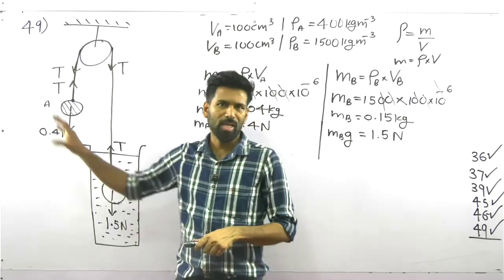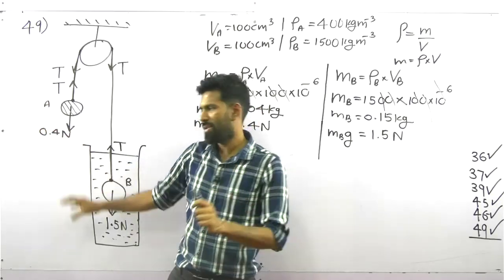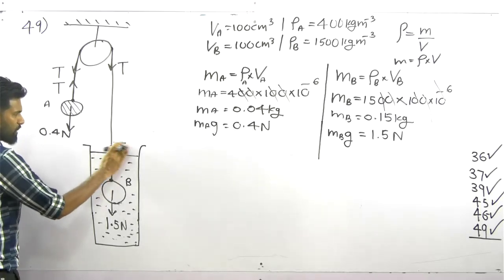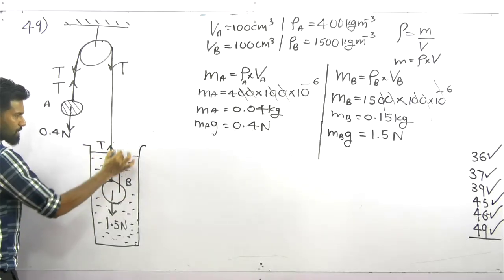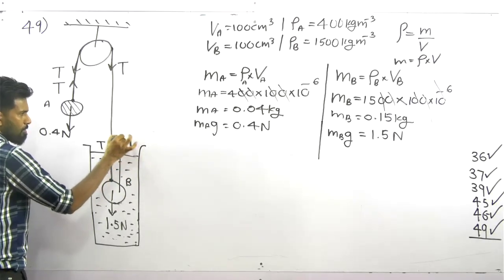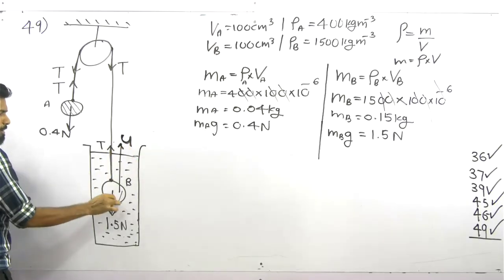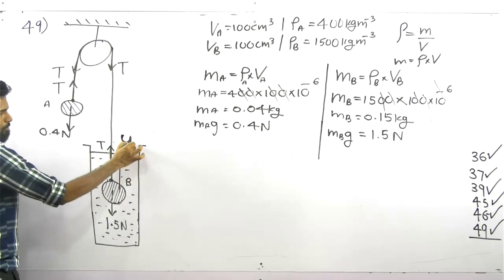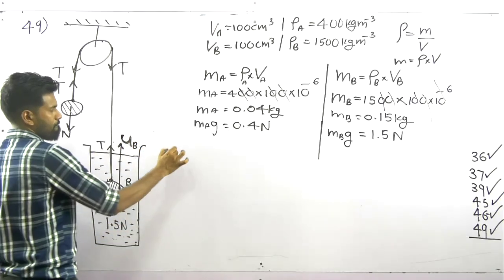Not going to consider the upthrust from the outside air, but the upthrust from the liquid is essential to consider. Upthrust acting on the object which is inside the liquid, UB. Let's find it.